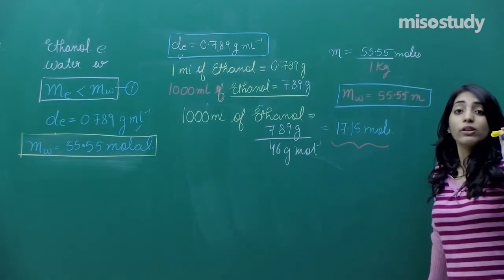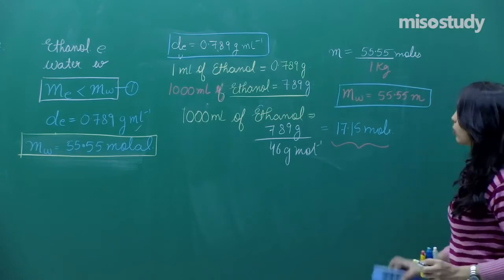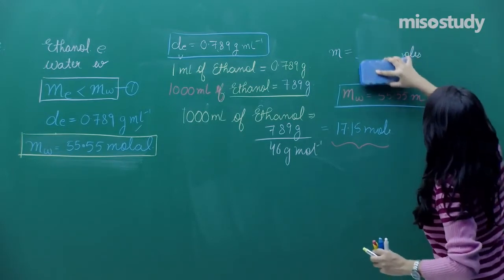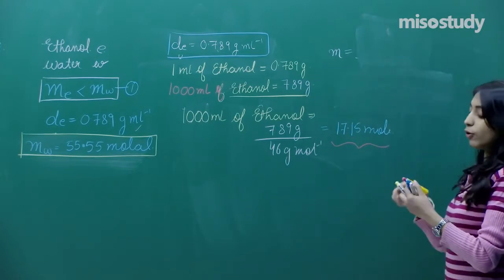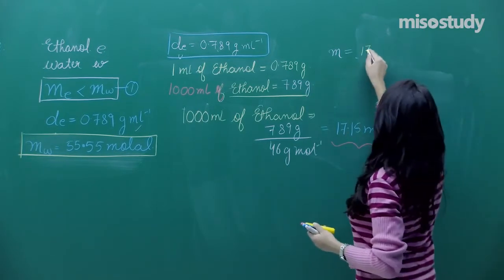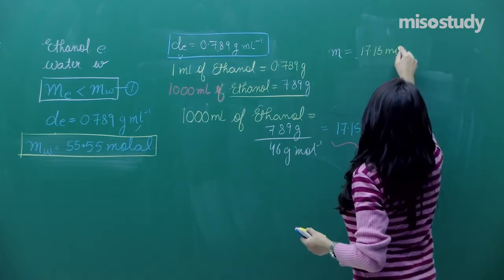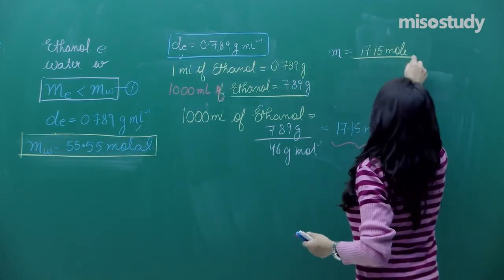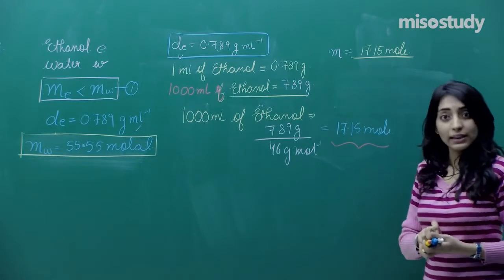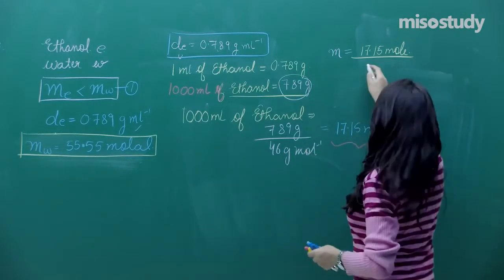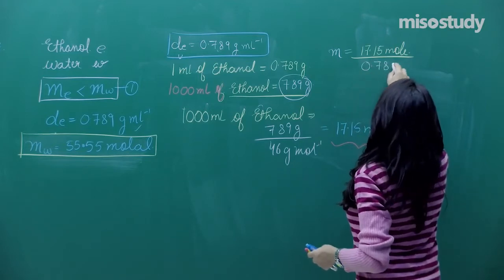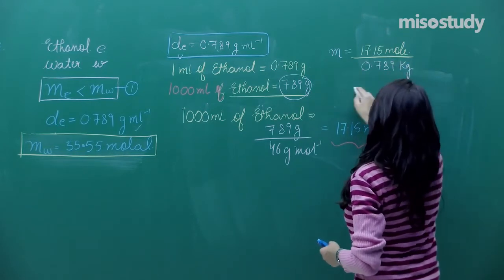I need to find out the molality. So molality will be number of moles by mass of solvent in kg. So what is the number of moles? 17.15, by how much amount of solvent? In this case, solvent is nothing but ethanol only, which is 789 grams. So it should be 0.789 kilogram.